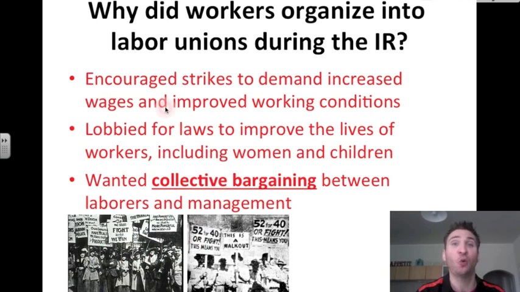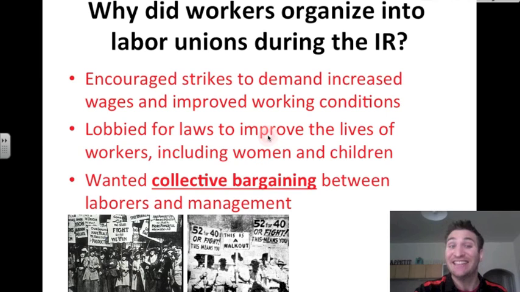Why did workers organize into labor unions during the Industrial Revolution? Well, they encouraged strikes, labor strikes, to demand increased wages and improved working conditions. They also lobbied for, meaning fought for, laws to improve the lives of workers, including women and children especially.